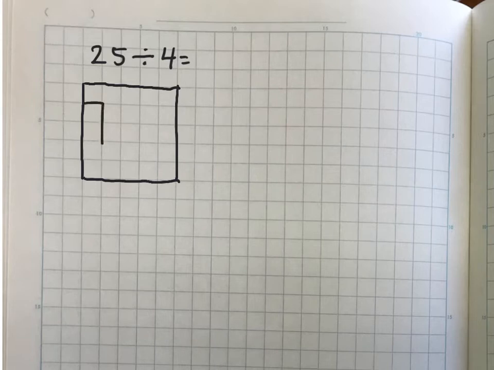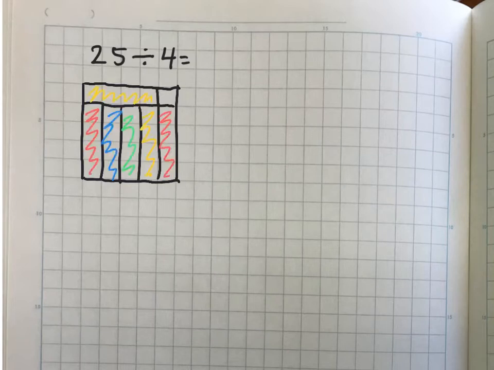I need to make groups of 4 within my 25. Again, this is a pretty simple one. There's some groups of 4, there's another group of 4, and then you can color your groups of 4 to make the quilt look. Whatever doesn't fit in the quilt, you put a number in. So I have 1 left over.